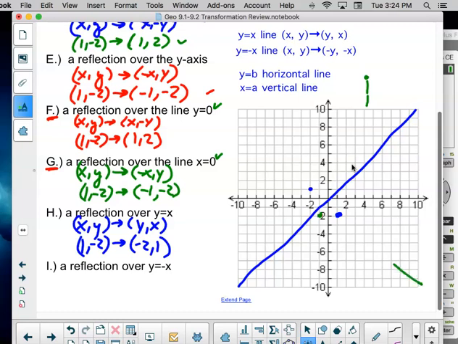Now, if I look at the y equals negative x line, which, you know, has a negative slope going through (0, 0), 1 over, 1 down, my rule becomes (x, y) goes to (-y, -x).